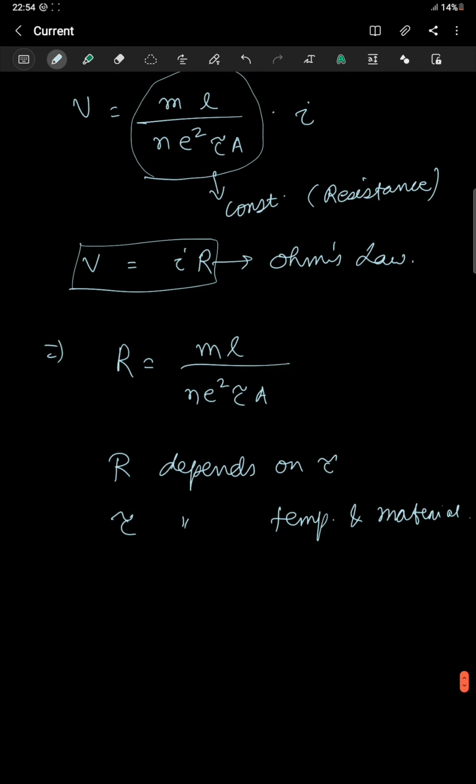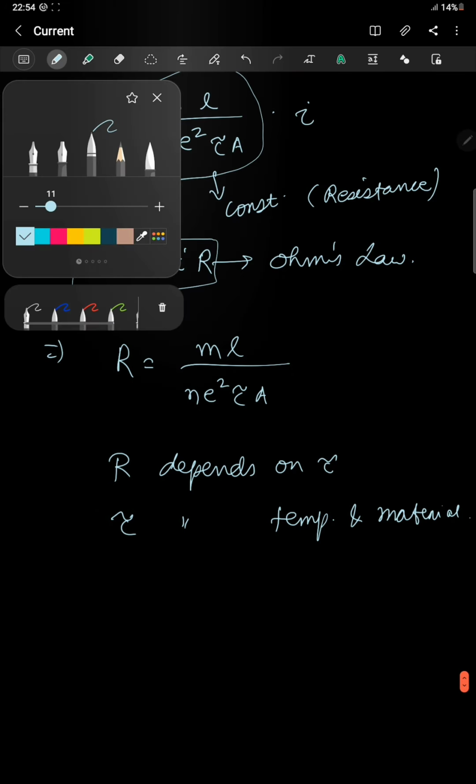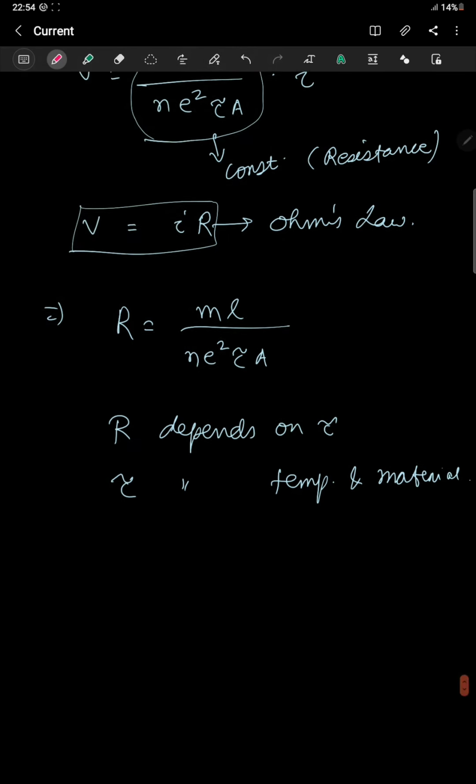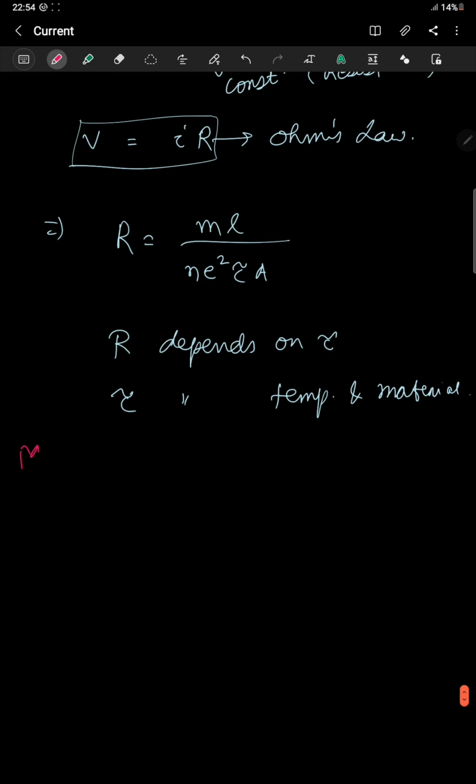Now the next thing is how to incorporate mobility. This is also important. Mobility is denoted by mu e. There are two types of mobility basically, mu h and mu e, which we'll read in detail in semiconductors, the last chapter.